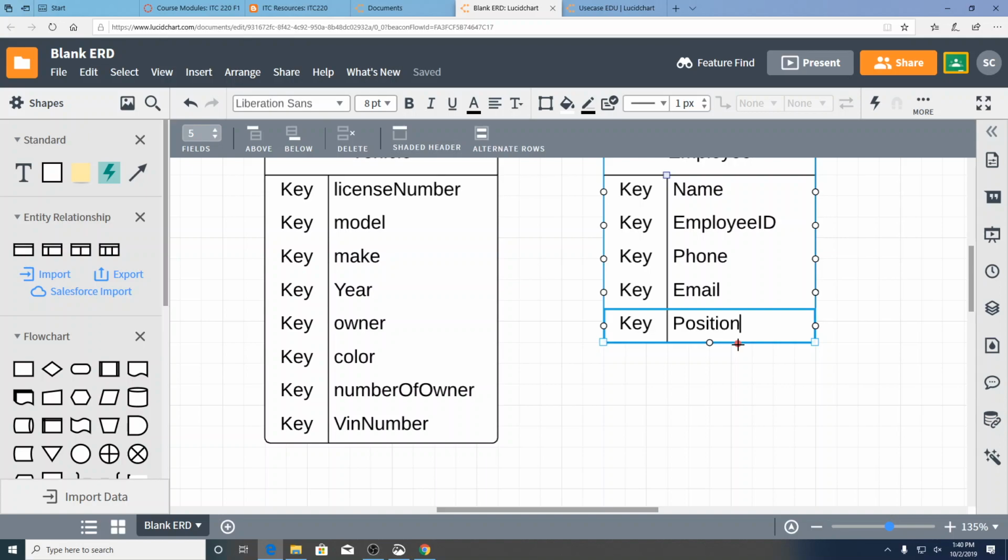I'm not sure I would put their pay here, but you maybe could. As I said, this isn't a whole human resources database. So I'm assuming that this would connect to a different database that we're going to ignore, which would have all of their Social Security information, all of their tax deductions, their pay scale, and all of that. I just want enough here to identify who works on a car.